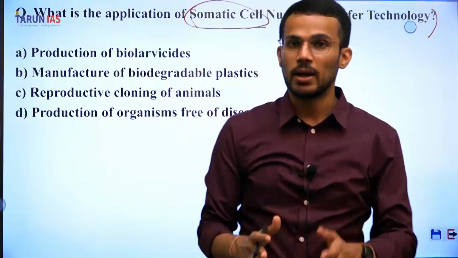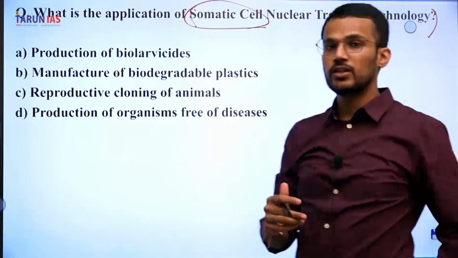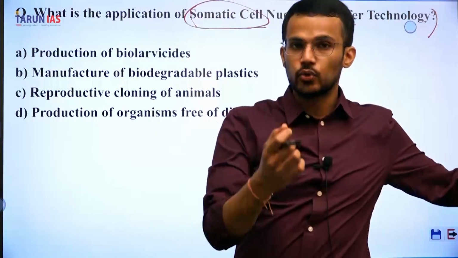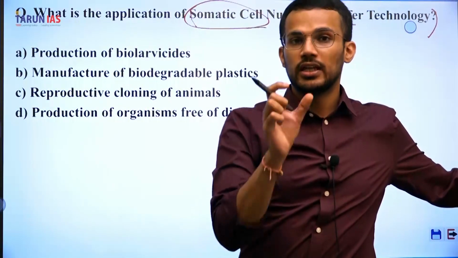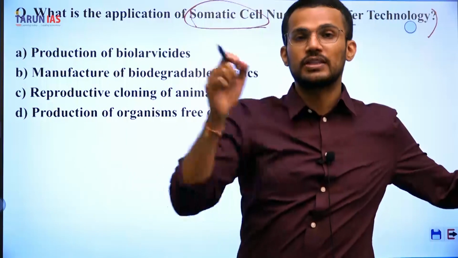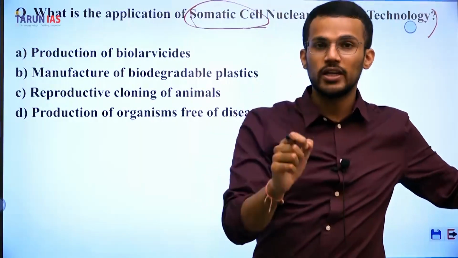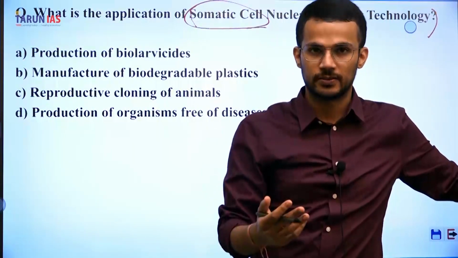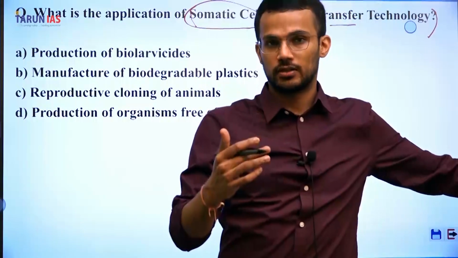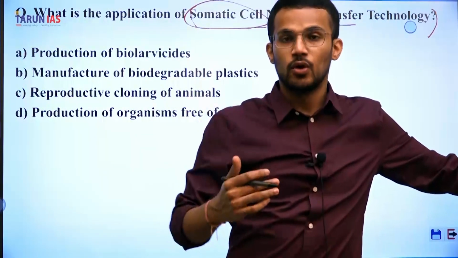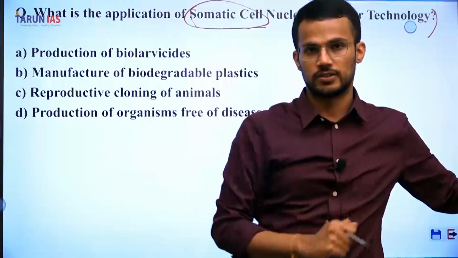And in somatic cell nuclear transfer technology, we transfer the nucleus of a somatic cell into an egg which is removed with its nucleus. That means an egg whose nucleus has been removed by us, and based upon this nuclear transfer from somatic cells, we will be able to develop various kinds of clones, right?